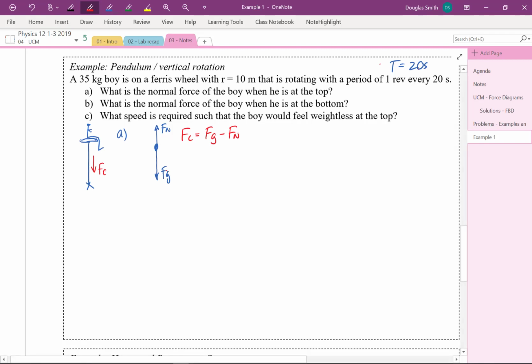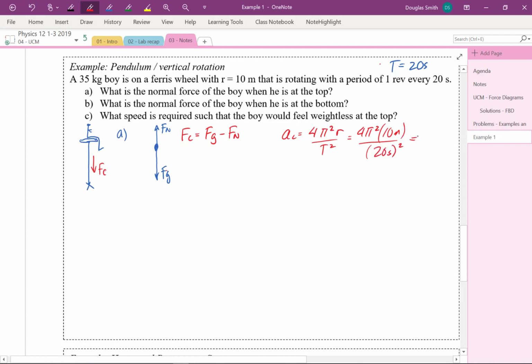So let's figure out some things here. If we know the period and we know the radius, right away we can get the centripetal acceleration. So Ac is equal to 4 pi squared r over T squared. So that's 4 pi squared times 10 meters, divided by, nope, sorry, not squared, divided by 20 seconds squared.